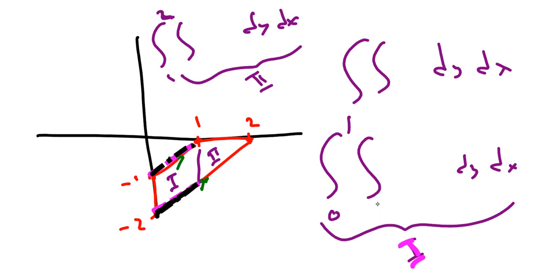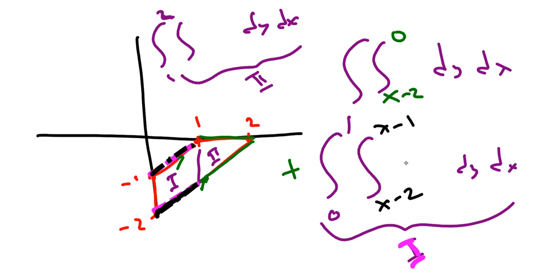The bottom one is y equals x minus 2, and the top one is y equals x minus 1. And in this other one, y is going to vary from x minus 2 up to 0, because y is 0 all along the top of that boundary. Then you have to add these two integrals together.